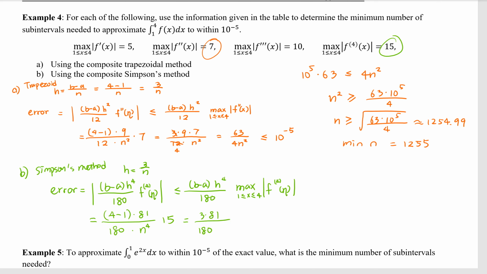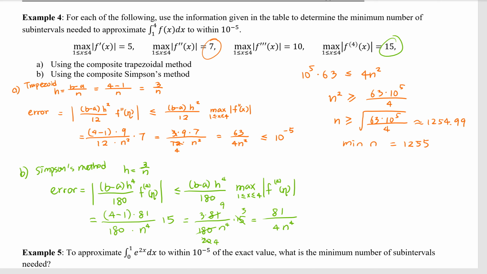Okay, 180, we can divide it by 9. Right? 9 is a common factor, then we get 20 here. We have 9 left. Oh, we still have 15. So on the 15, we can also cancel the 5. So on the top, we have 9 and 3 and 3, that is 81. The bottom, we have 4n to the 4th.